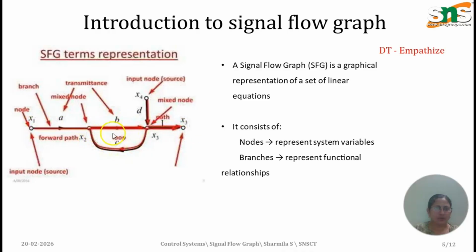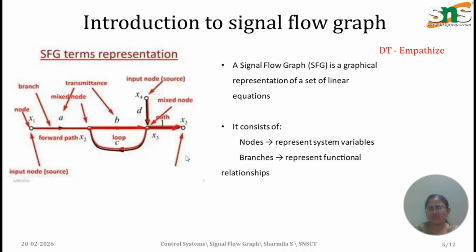This is a loop, because the starting point and ending point of this circle are the same point, so we call it a loop. Another input source node is available, and the mixed node is x3, and the output is also x3. Now let us discuss the nodes, branches and everything in depth.